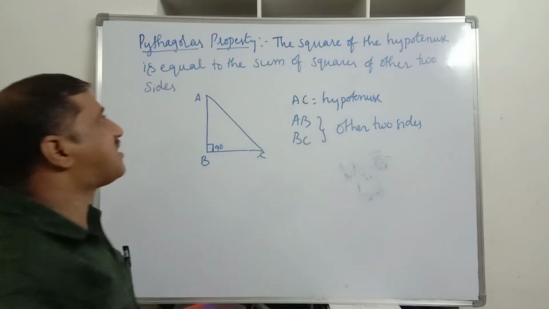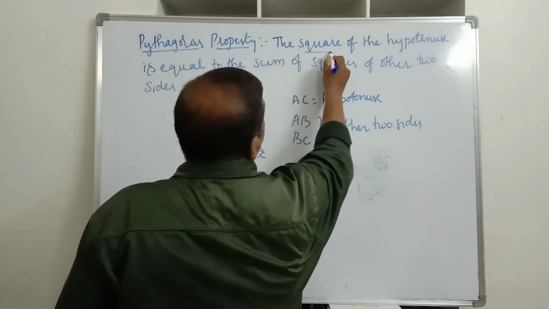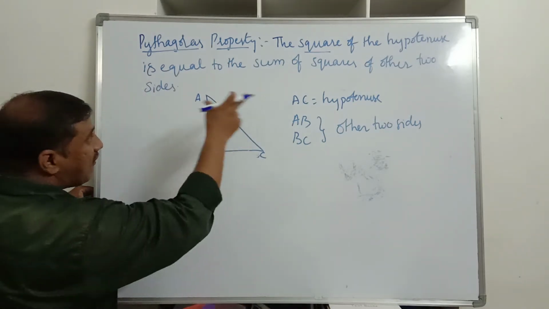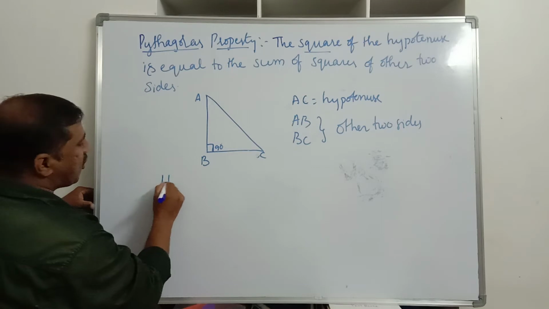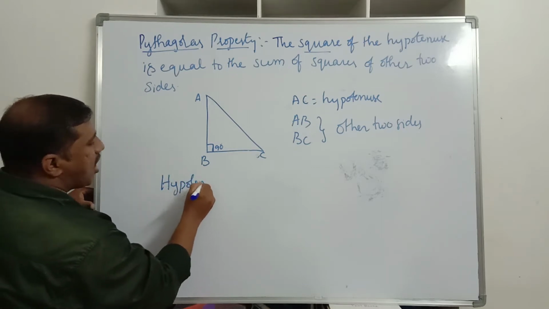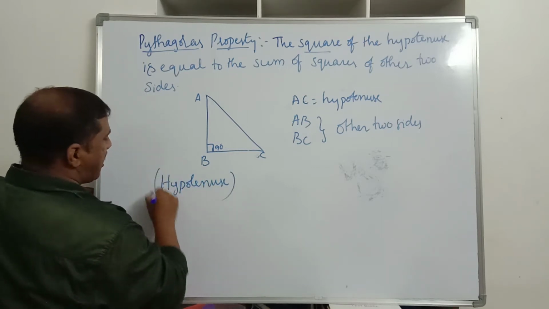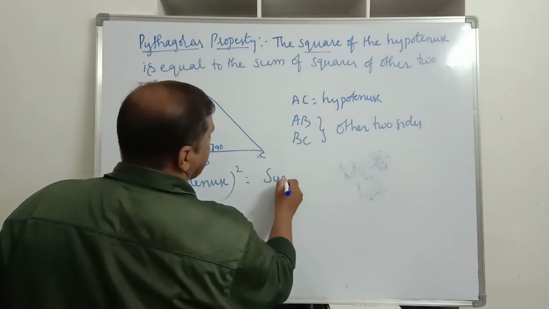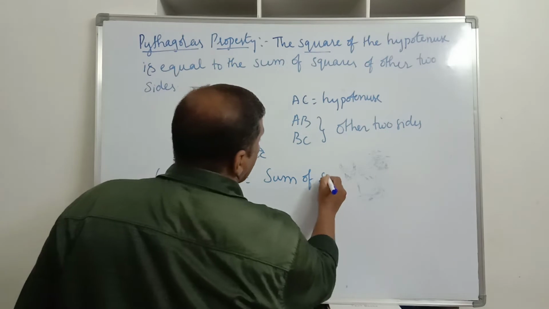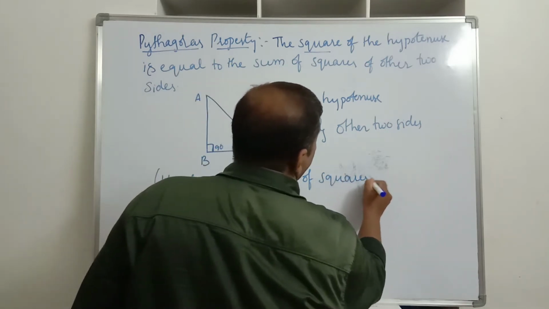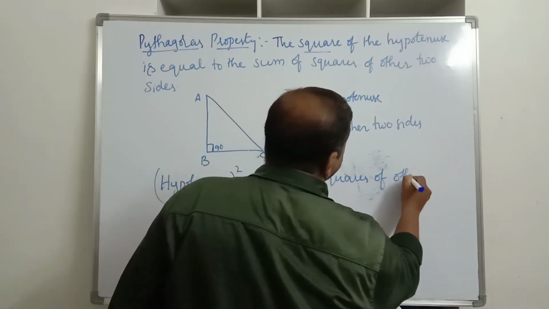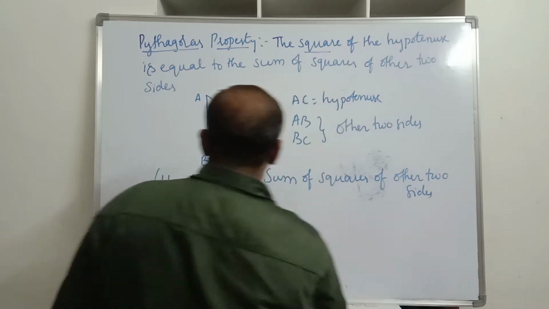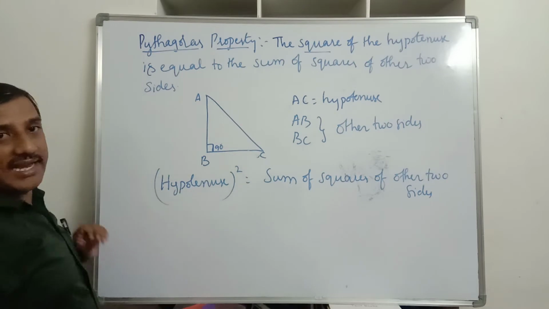So the statement states the square of the hypotenuse, hypotenuse square, is equal to the sum of squares of other two sides. Here the hypotenuse is AC.